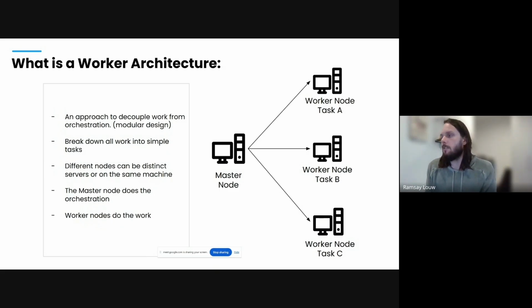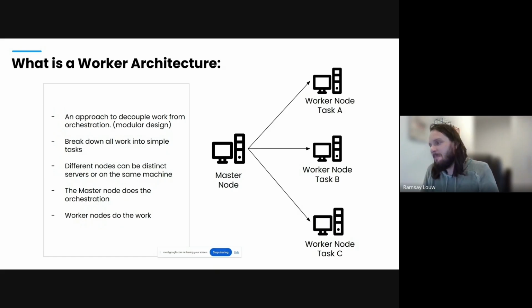What's important to note is that if you just look at this graph, you'll perhaps be inclined to think that these need to be separate servers or separate computers or separate physical machines. It doesn't need to be. This is a completely theoretical structure. All of these nodes can sit on the same machine. It's a concept and exercise in virtualization.